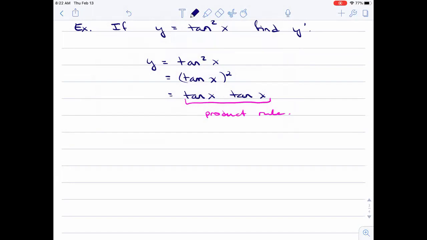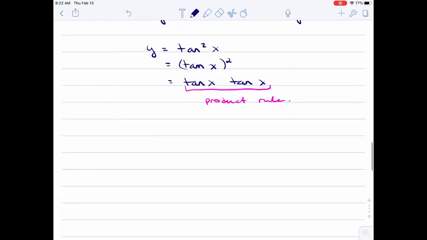Maybe you've got them memorized already, but the derivative of tan x is secant squared x. So by the product rule, we know that y prime is going to be holding the first tan steady, and because they're the same it doesn't really matter, but tan x times, I'll show this middle step, d dx of tan x plus tan x, which is now the second tan x, times d dx of tan x.